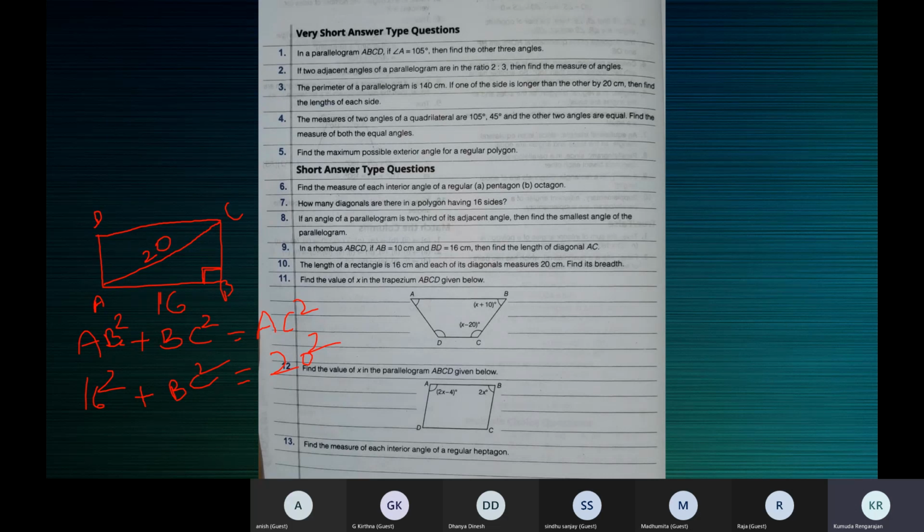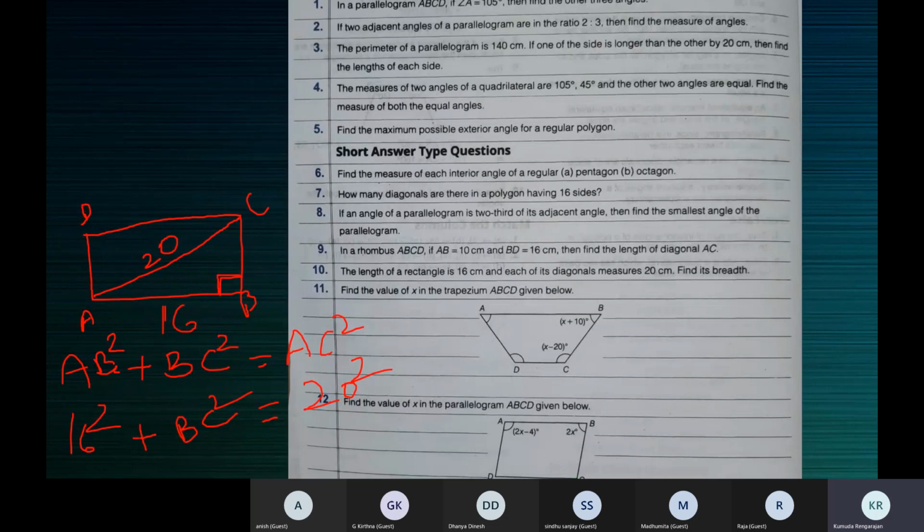Complete it quickly, children. And for those who finished, question number 3.